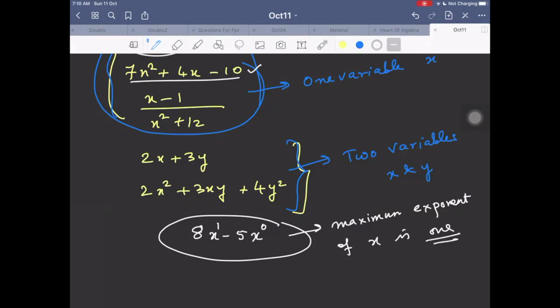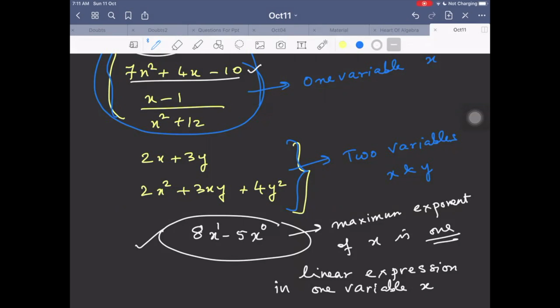So this is what we call a linear expression. And more specifically, this is a linear expression in one variable x. I hope this is okay.